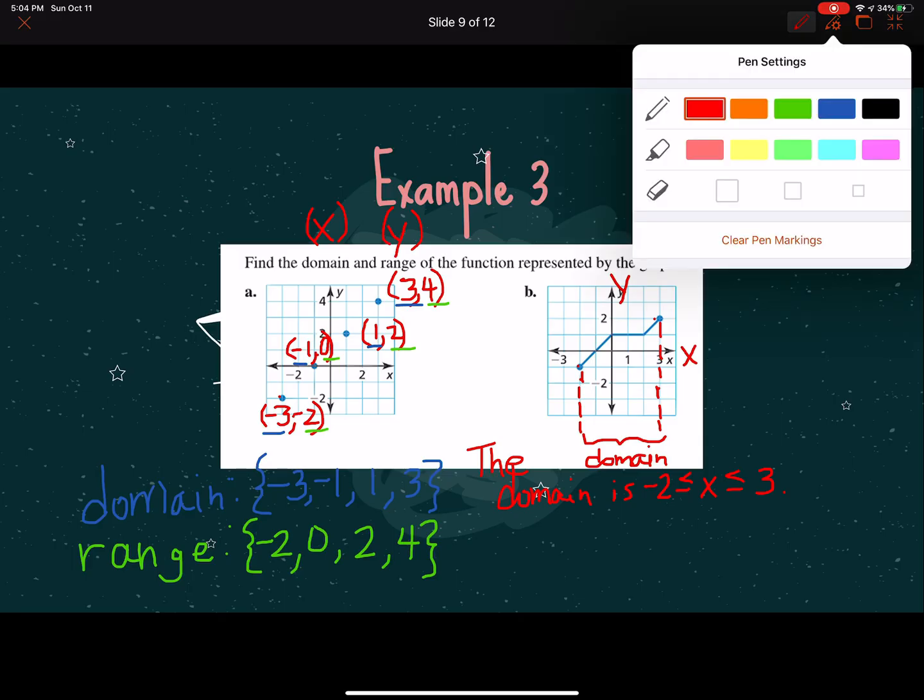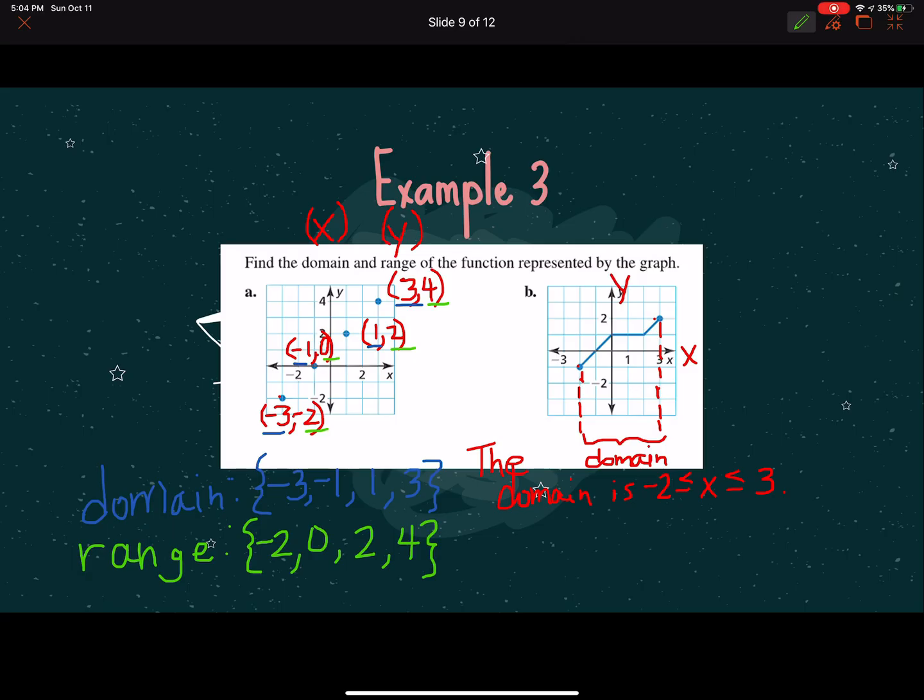Now we're going to talk about the range. So the range is our y value. So we can actually see that the range's lowest point reaches there, highest point reaches there. So those are going to be my values for comparison with my range. And I'm going to put that as a sentence as well.